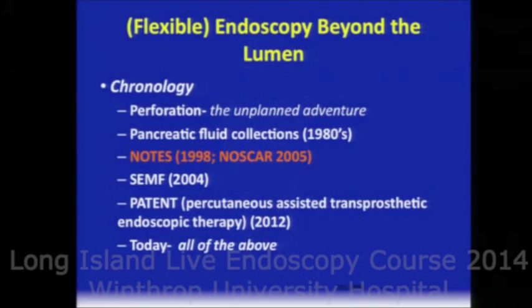and look around. We started transgressing the lumen intentionally in the 1980s with pancreatic fluid collections, and we really hit the mark insofar as pushing through the GI wall with the concept of NOTES that was proposed originally in 1998, and then after the NOSCAR group formed in 2005 from SAGES and ASGE, which really propelled the notion of flexible endoscopy beyond the lumen.